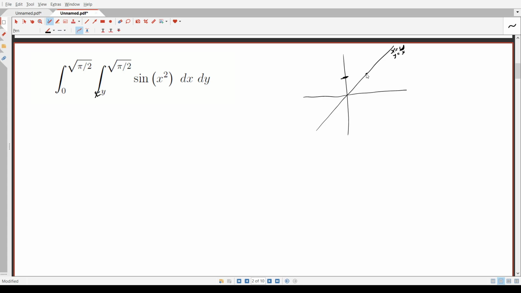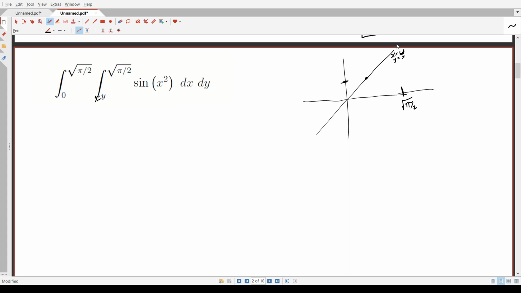So I'm starting here. This is the minimum value of x. And then I'm going all the way up to, I'll mark it over here, square root of pi over 2. So that's going to look something like this region.